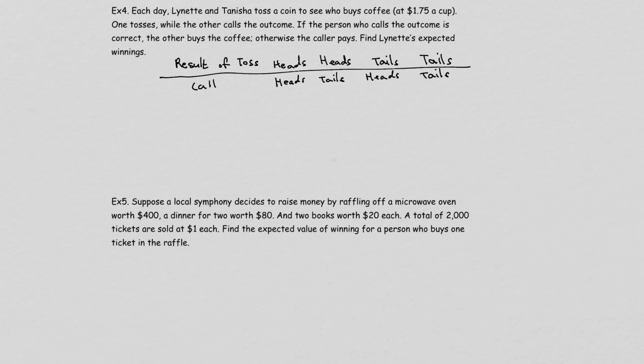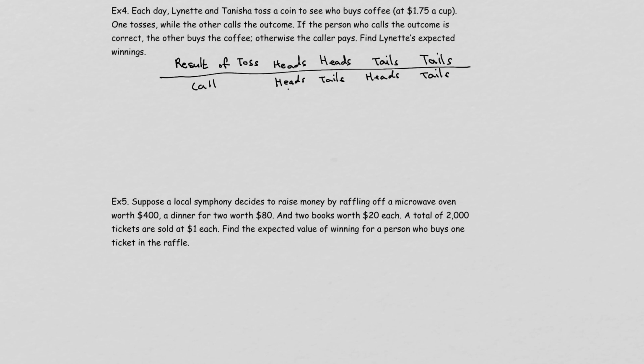So 2 times it matches: when calling head and it comes out head, that's winning. When calling tail and tail comes up, that's winning. But calling tail and head comes up, losing. And calling head but tail comes up will be losing, right?